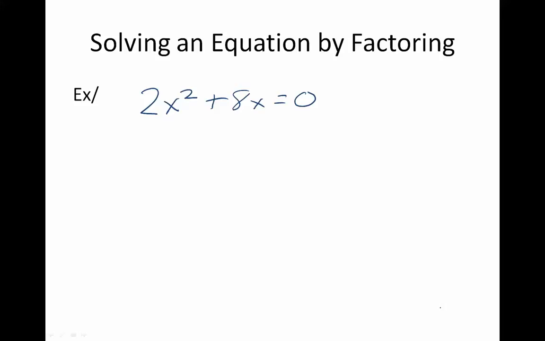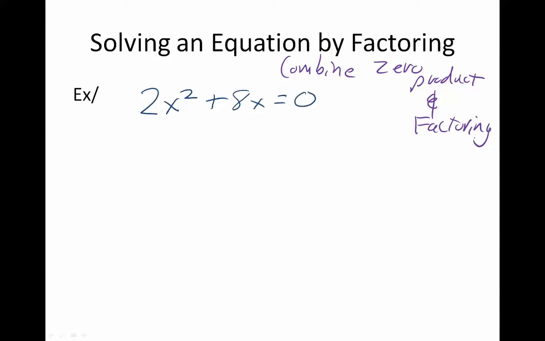Now, what we're going to do now is combine the zero product and factoring, because we are going to do both of these things on this example to solve this equation. Notice how we've got this thing right here that equals 0.